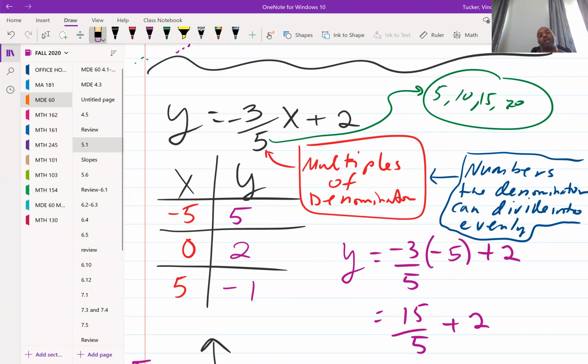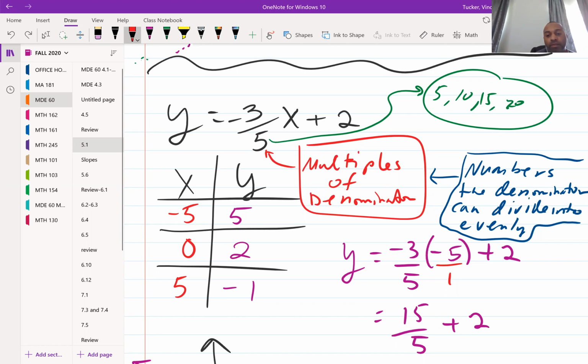So I chose negative 5, 0, and 5, keeping in the same pattern of how I chose negative 1, 0, 1. And then I plugged negative 5 into the function.